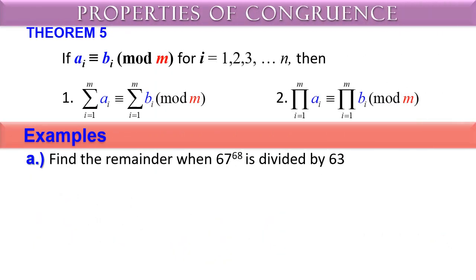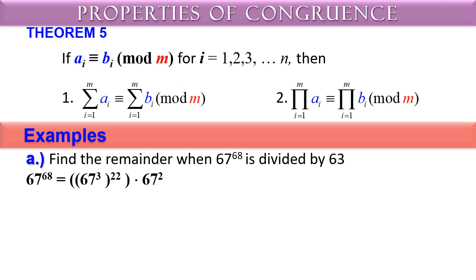To continue our solving, we need to express 67 raised to 68 in terms of 67 raised to 3, because 67 raised to 3 will leave a residue of 1 whenever divided by 63. Thus, we have 67 raised to 68 is equivalent to 67 cubed raised to 22 times 67 squared.